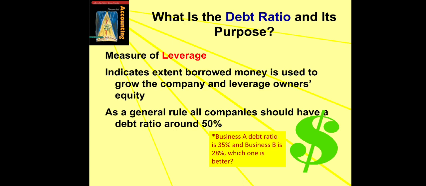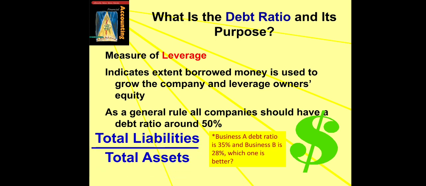So this ratio indicates the extent to which borrowed money is used to grow the business and leverage owners' equity. As a general rule, all companies should have a debt ratio of around 50%. This is the formula to calculate the debt ratio: debt ratio equals total liabilities over total assets.